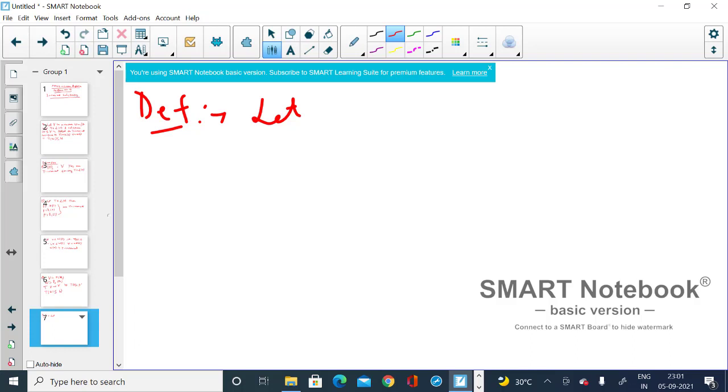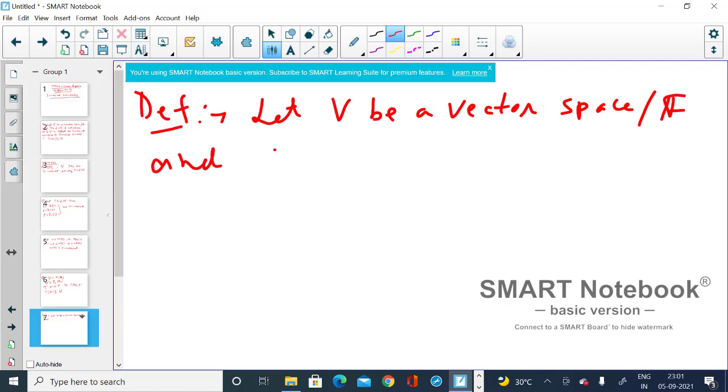Here also we don't require whether V is finite dimensional or not. So let V be a vector space over a field F, and we choose a linear operator T on V and a vector v inside V.